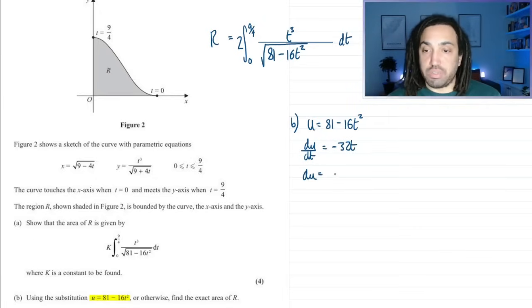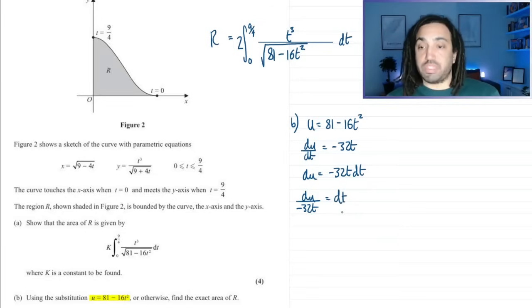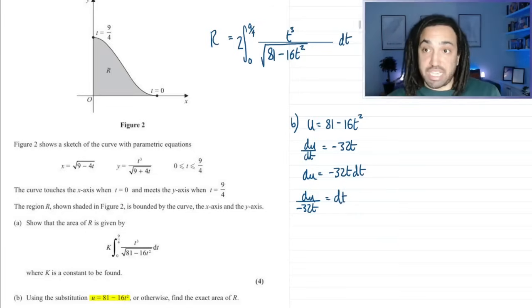So du is equal to minus 32t dt. So du over minus 32t is equal to dt. Perfect, yeah. So that takes care of subbing this out. We'll do that over here.